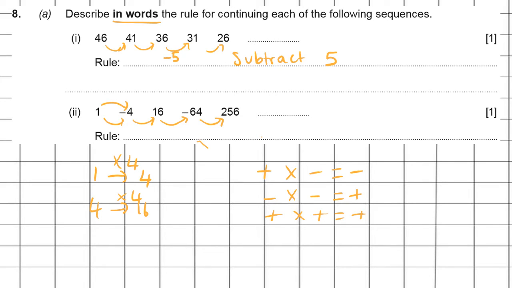So we started off with a positive, and we need to get to a negative, so therefore it has to be a negative. Then we have a negative, so minus 4. So therefore, we need another negative to give us a positive. So now we know it's minus 4. So multiply by minus 4.